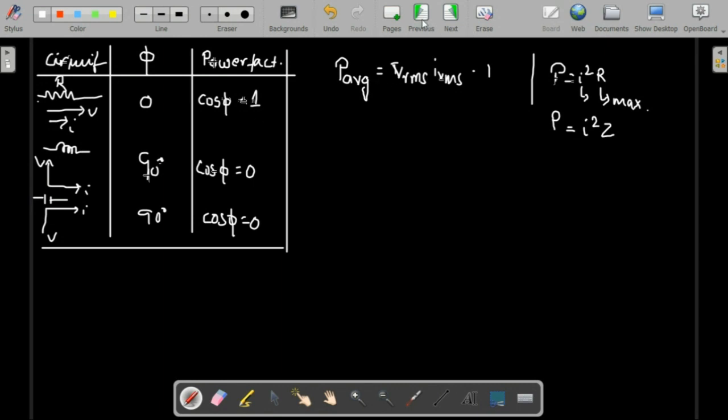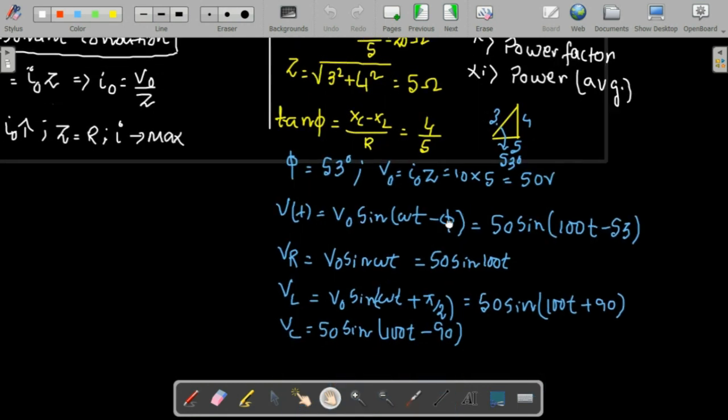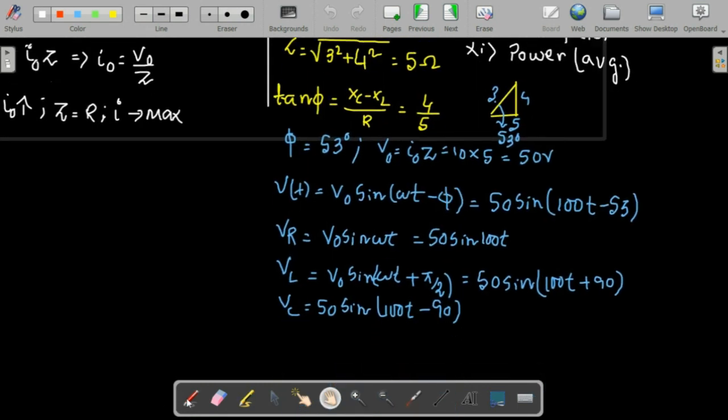So based on this, if we just go into our previous problem and see what is the question. First thing is what is power factor. That means you have to just find out, let me write it down, power factor cos phi is equal to cos of 53.